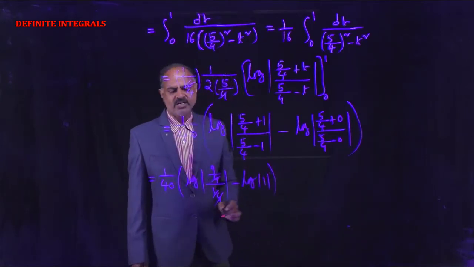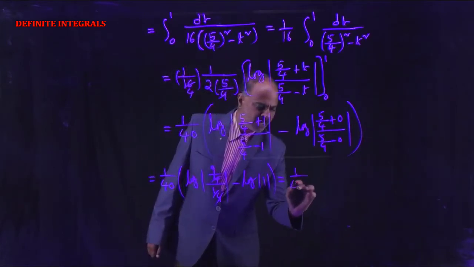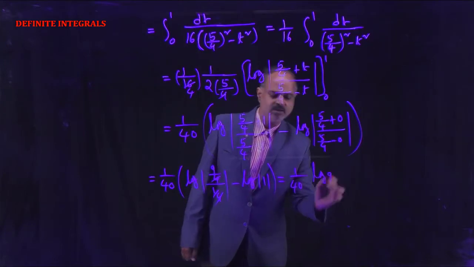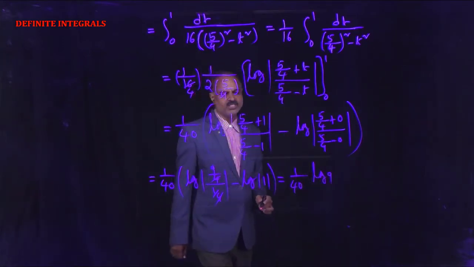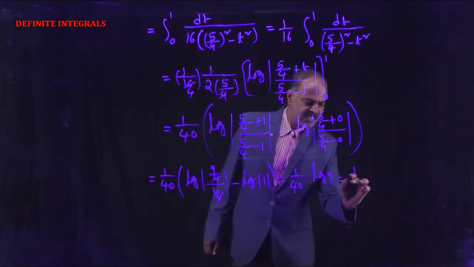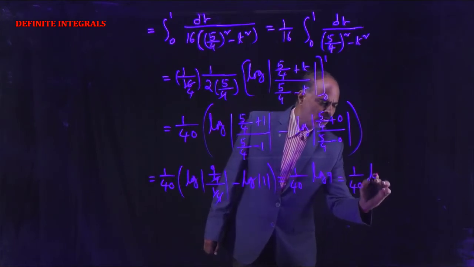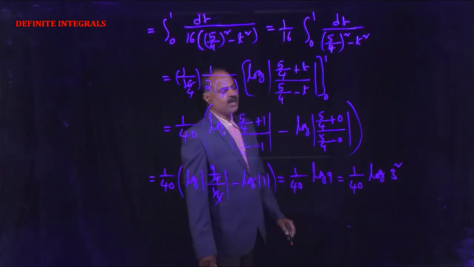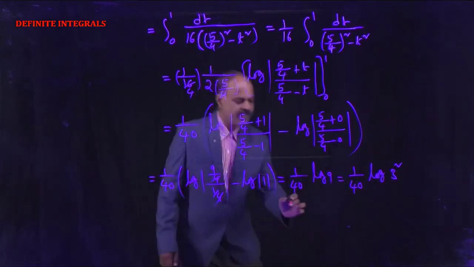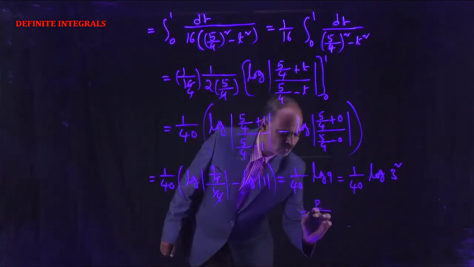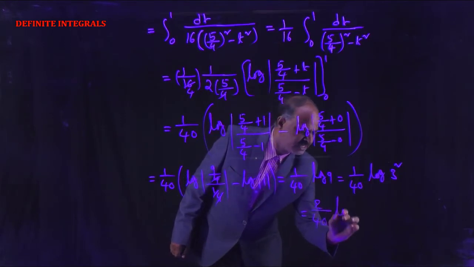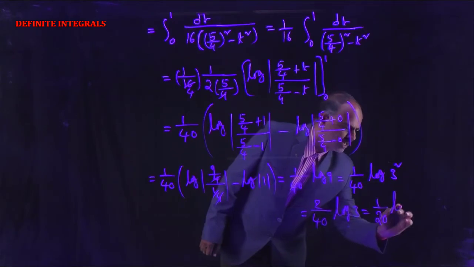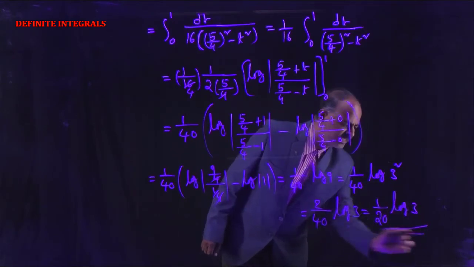So log 1 is 0, that is equals to 1 by 40 into log 9 minus log 1 is 0. Now this can be written as 1 by 40 into log of 3 square. Now this is of the form log m power n, that is n log m. So that is equals to 2 by 40 into log 3, that is equals to 1 by 20 log 3.